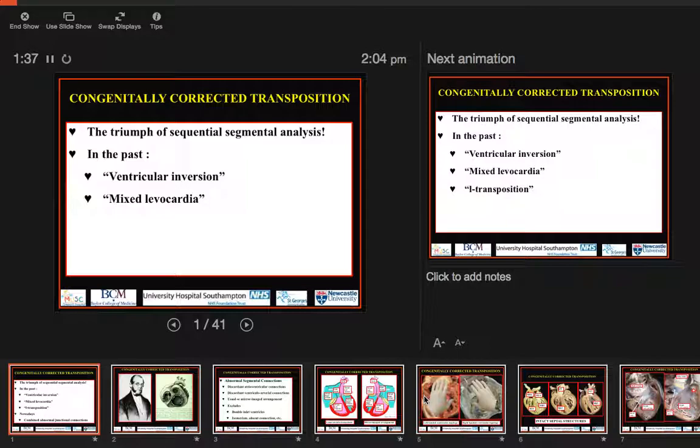One of the terms he used was mixed levocardia, and I still don't know precisely what he means by mixed levocardia. Nowadays, there is a penchant for describing this entity as L transposition, and that's okay some of the time, but it's not okay all of the time, and I'll explain that to you.